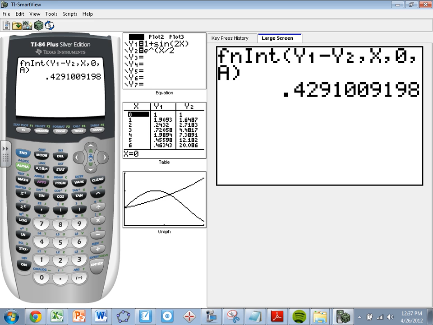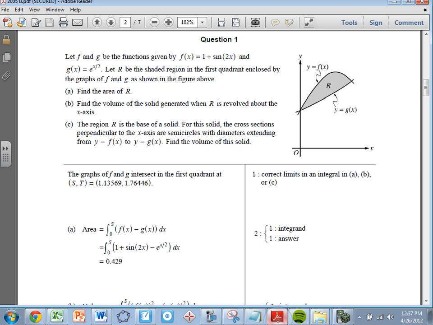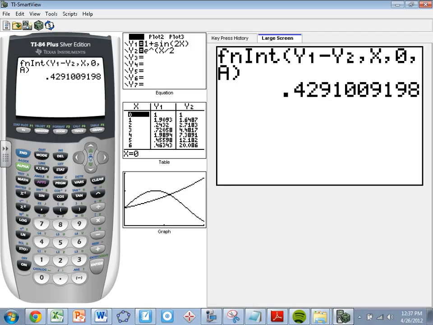0.429, exactly what they said. Okay? 0.429. And notice, guys, notice the answer, 0.429. If I didn't store it and I rounded to like 1.13, this would not have been correct. You would end up getting like 0.35 or something, and you're actually getting it wrong. And I'm not joking about that at all. Again, you need to store it.